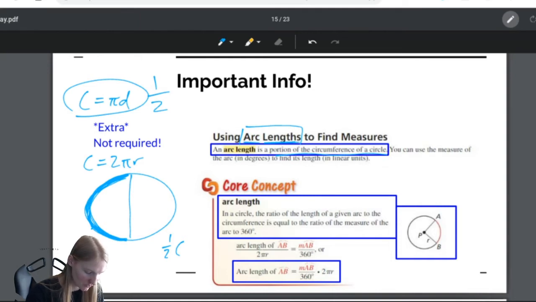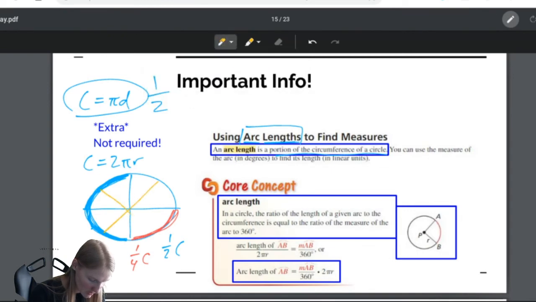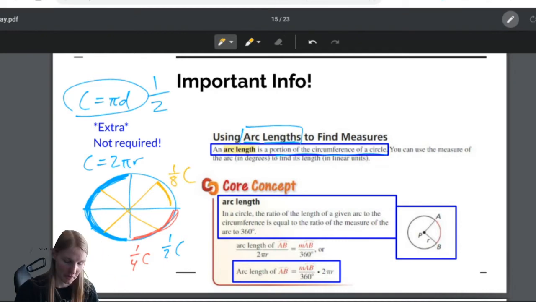all I have to do is figure out what portion of a circle this is. Is it a quarter of a circle? Then I would just be looking at this, and this would be a fourth of the circumference. Am I looking at an eighth? Maybe I'm just looking at this piece, then that would be an eighth of the circumference, and so on and so forth.